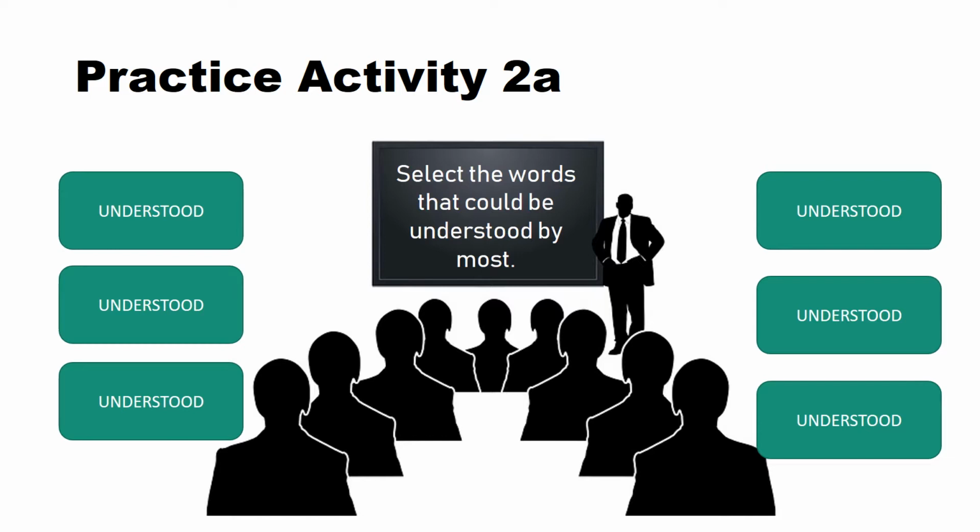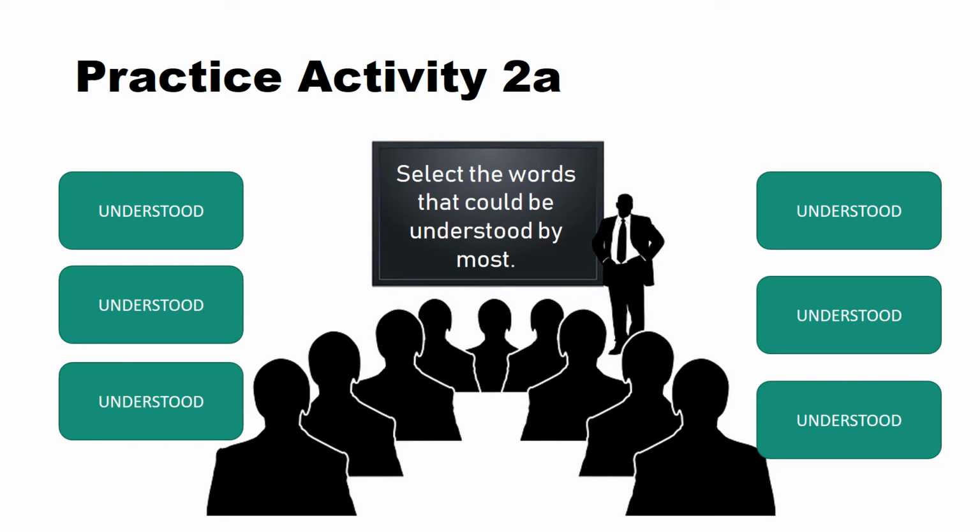The second part of this activity has two parts. Activity 2A focuses on various vocabulary words that most can generally understand. You can't take that for granted. Everyone's level of English, especially if English is their second or third language, could vary.